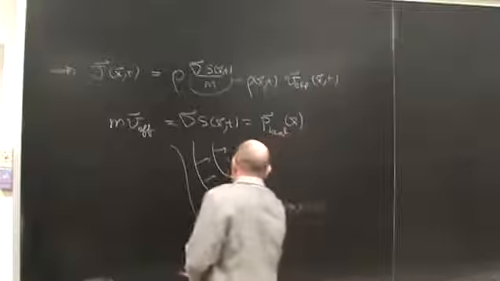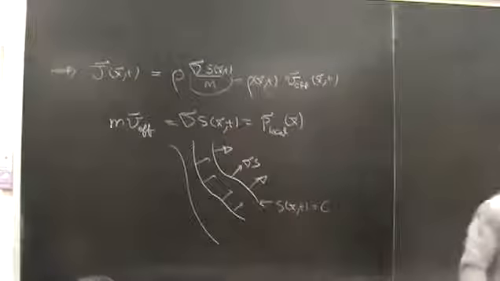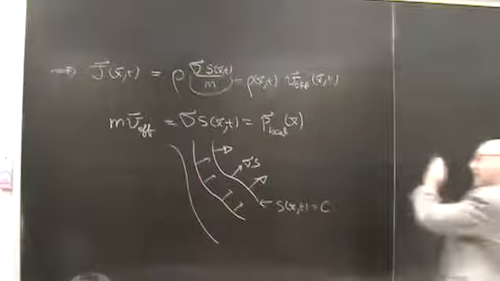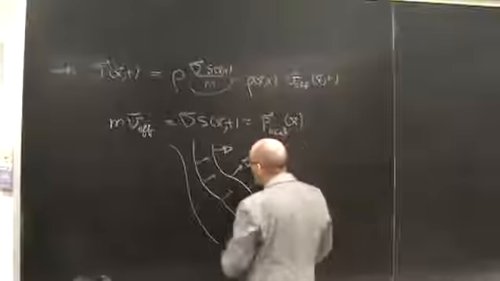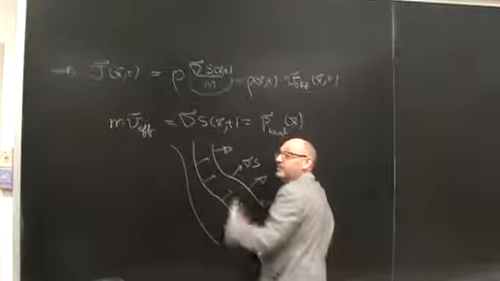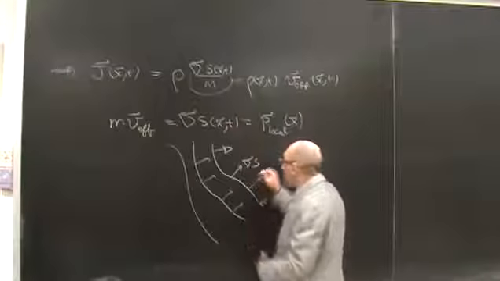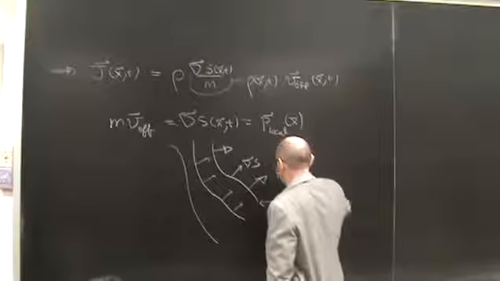So the local gradient of the wavefronts represent the way in which the probability is flowing. And these, in optics, are known as the rays.